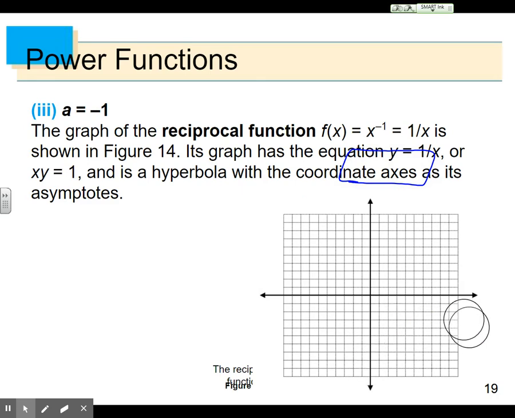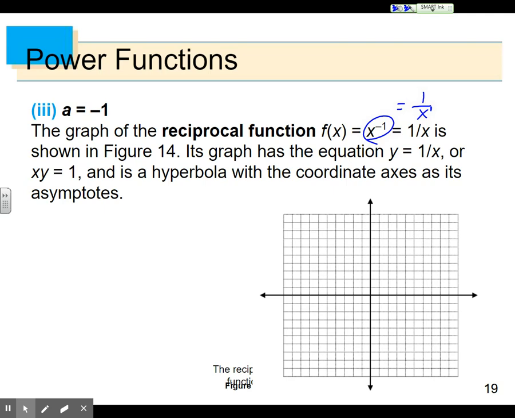Third case of a power function is if I raise the power to a negative number. For instance, if I take x raised to the -1. Remember, if I take something raised to a negative power and I'm wanting to get rid of it, what I do is I drop it down to the denominator, and I have 1 over x raised to the positive first power.